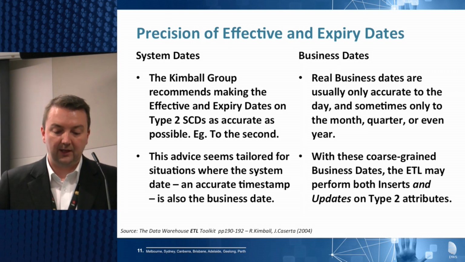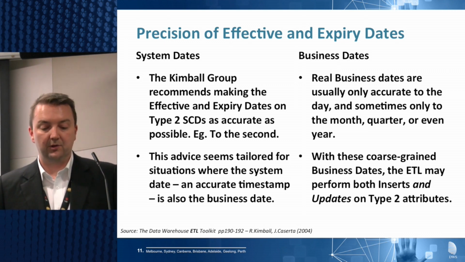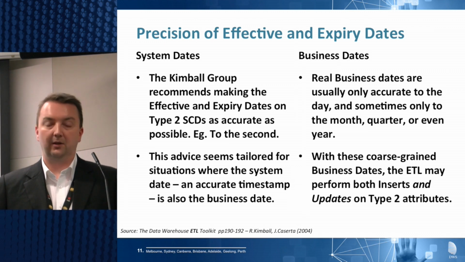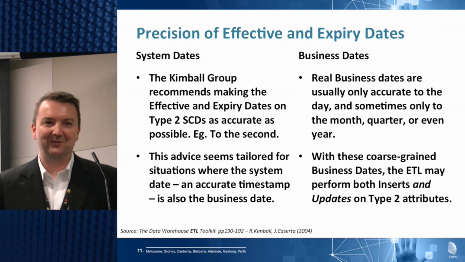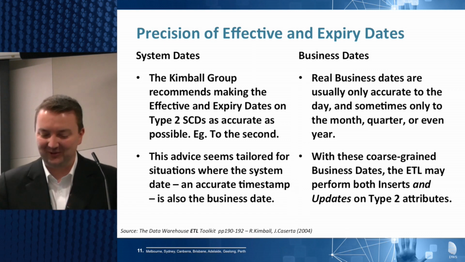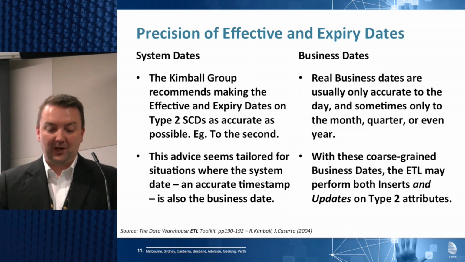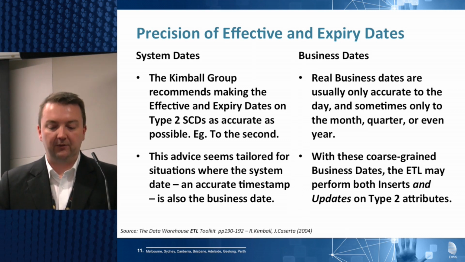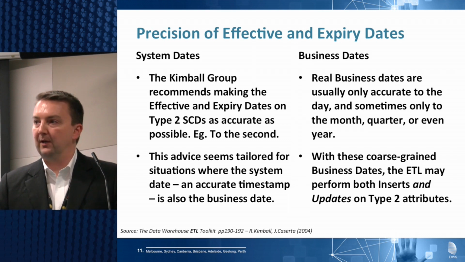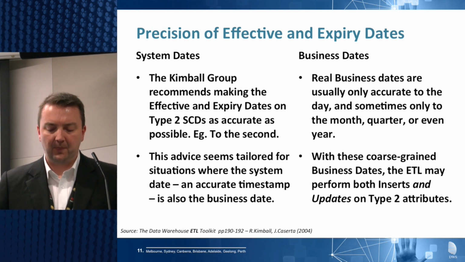If we follow the Kimball Group's suggestion there, and there's no reason not to, we follow a lot of Kimball Group suggestions. That's why we're all here, after all. So we would make those effective and expiry dates as accurate as we can, to the second.